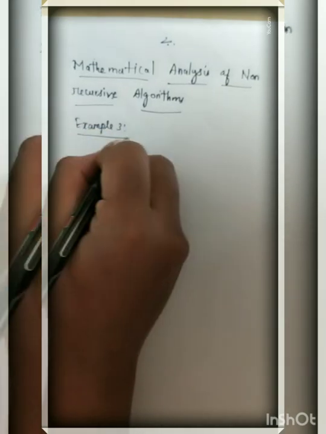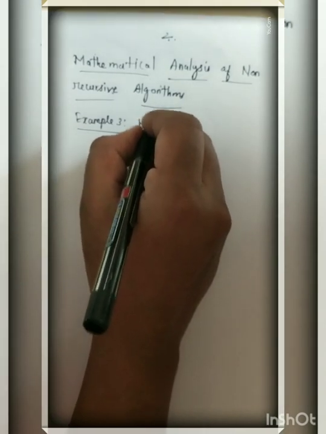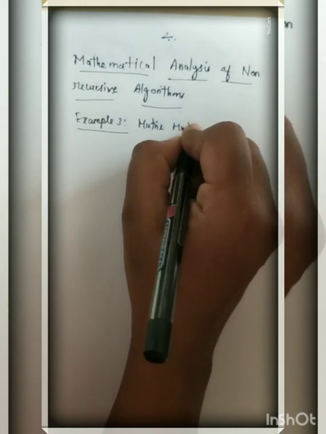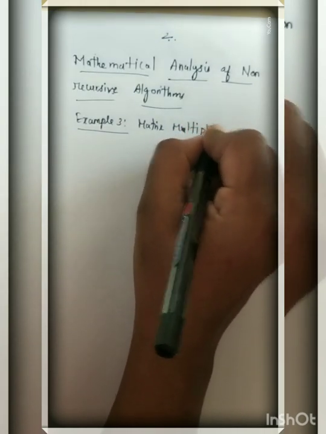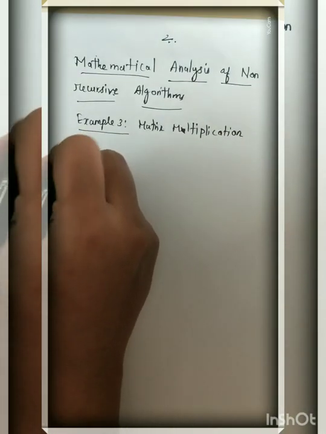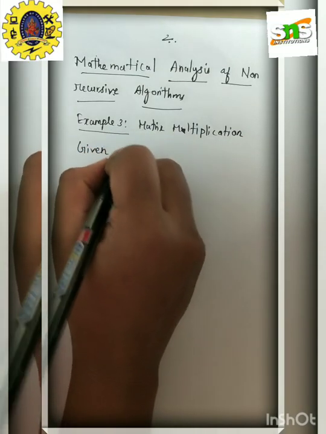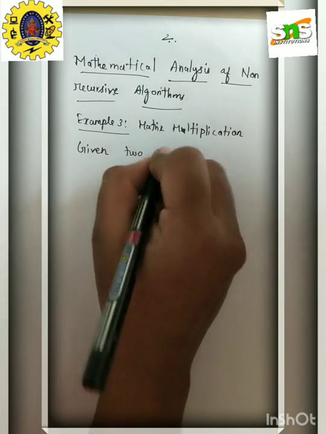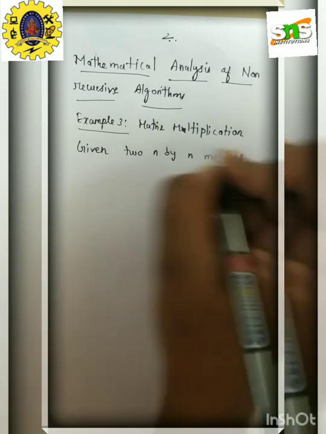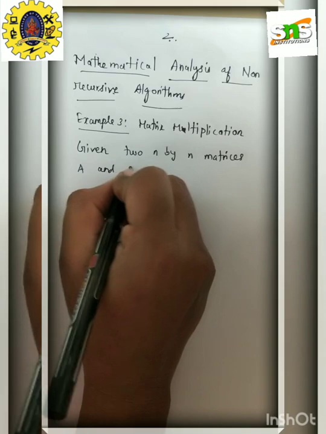Example 3 is matrix multiplication. So here I am going to state a problem: given two n by n matrices A and B, you are going to multiply the matrices.